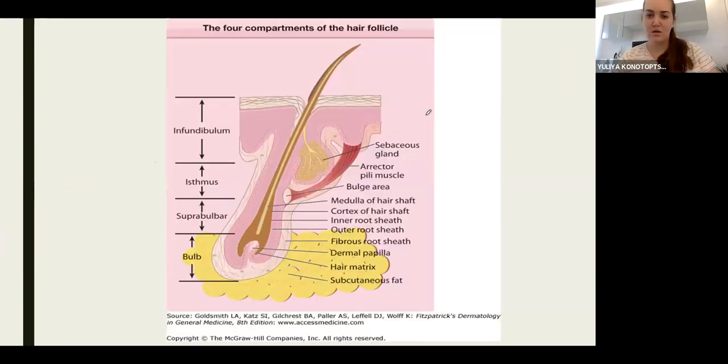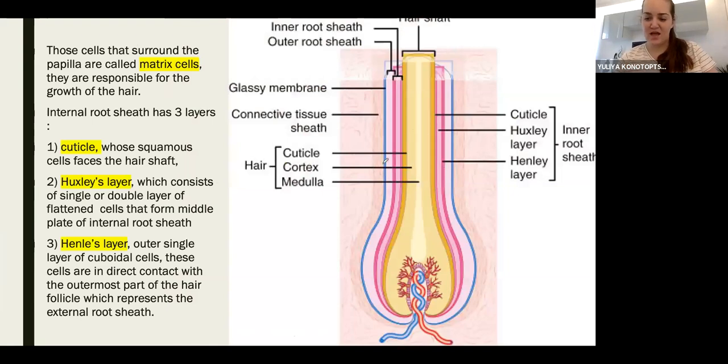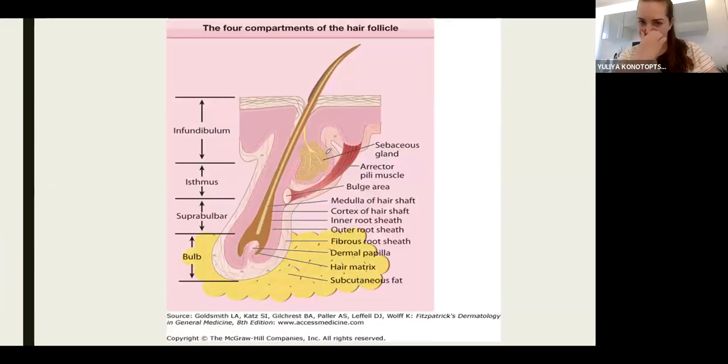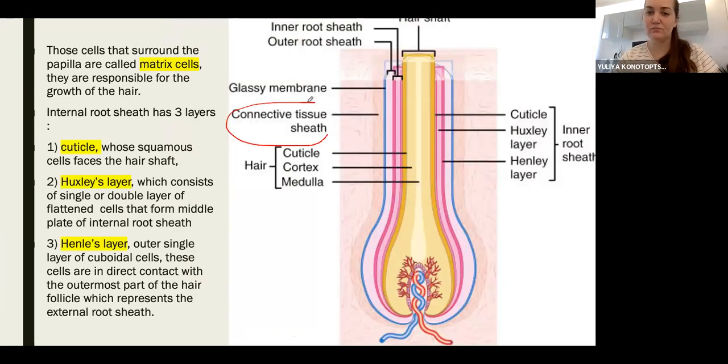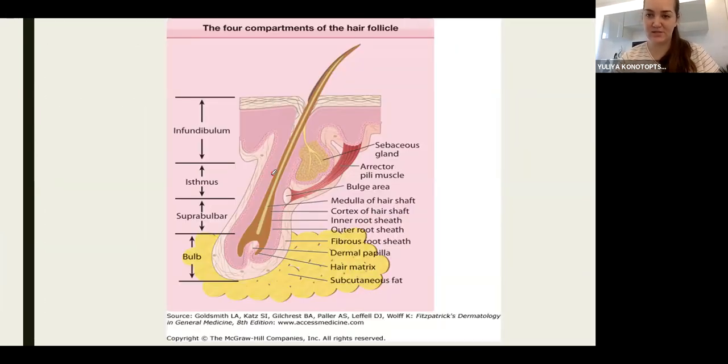Okay. Now let's do the layers of the hair. So go back to this picture. You can see that hair is inside the hair follicle, dermal papilla, right? So yeah. If your hair is inside the hair follicle, the most outer layer is the connective tissue sheath.